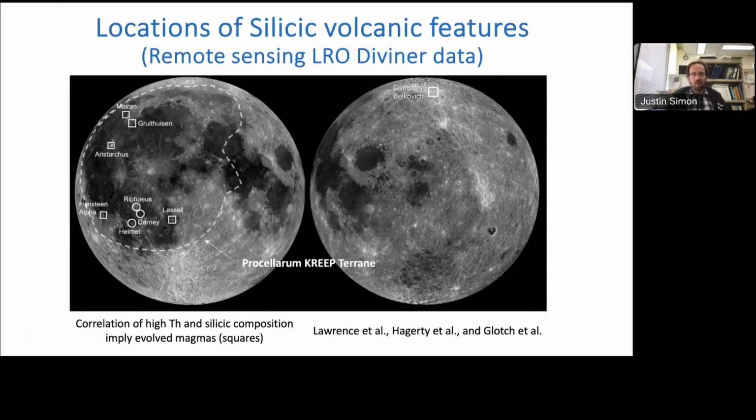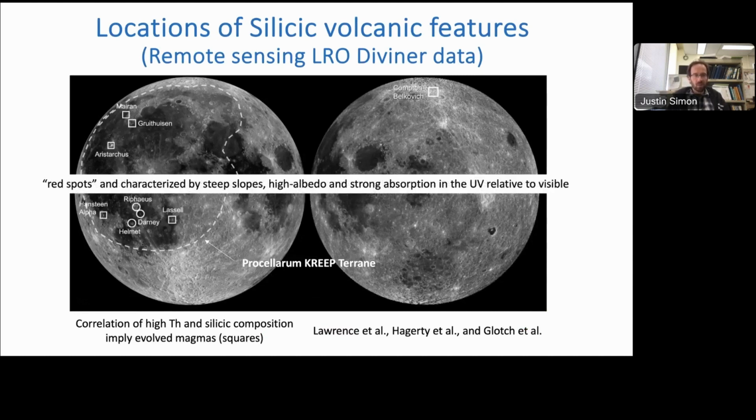Okay, so I'm backing up again here. There are some locations of the silicic volcanic features. These are LRO Diviner data. It's really the squares. These are in the Procellarum KREEP Terrane outlined by the dashed line. And these are also called the red spots.